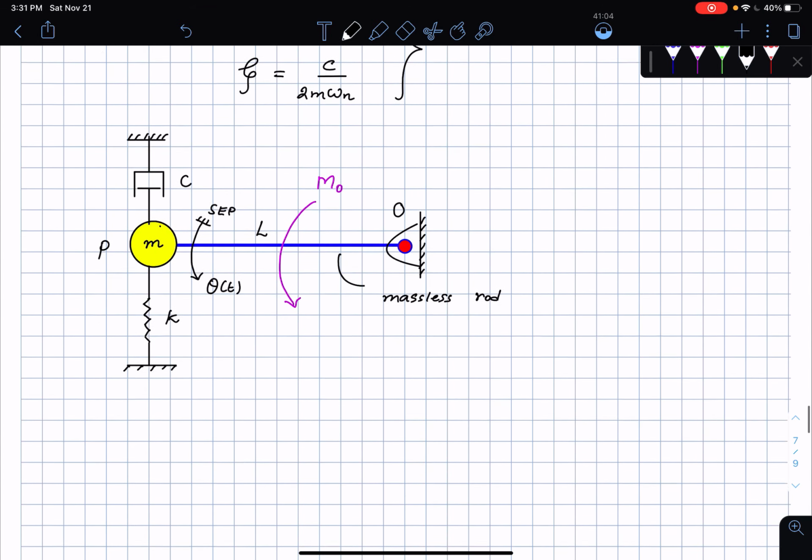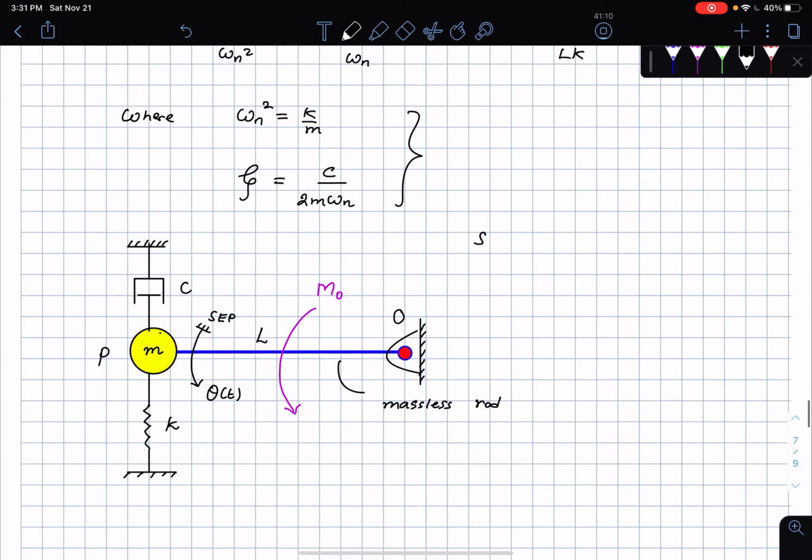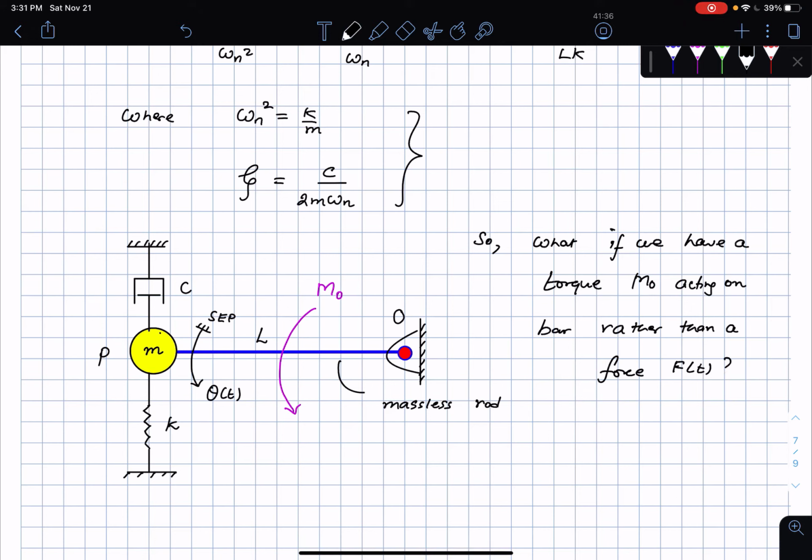Okay, so what happens if we have a torque M naught acting on the bar rather than a force F of t on the mass?